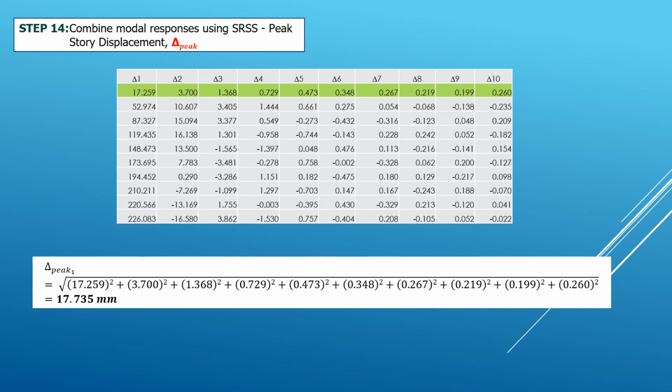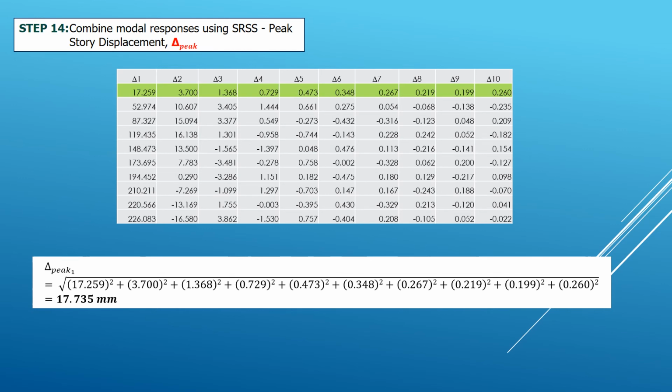So, ito, delta peak 1 is equal to square root of 17.259 squared plus 3.700 squared plus 1.368 squared plus 0.729 squared and so on and so forth. So, the result is 17.735 mm for delta peak 1.